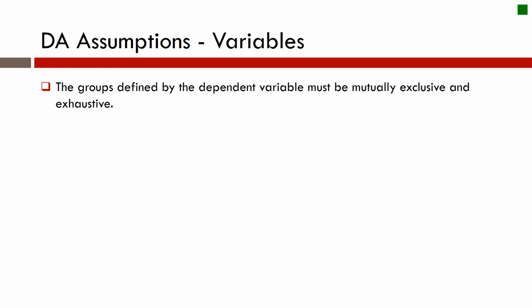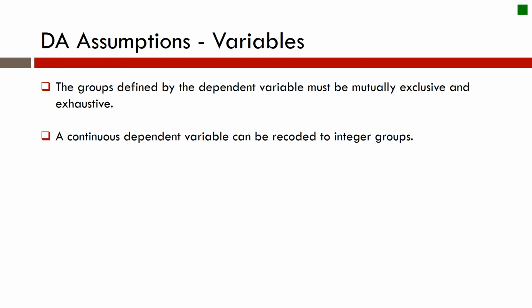And the objects that are making up the groups, our lines of data, have to be able to fall into each level, or one level, kind of exclusively, and those levels need to be exhaustive. So in other words, if I have 100 respondents and I have 3 levels, then all 100 respondents have to be in one of the 3 levels, and all 3 levels have to represent all the data. Okay, so the DVs, the levels need to be exclusive and exhaustive.